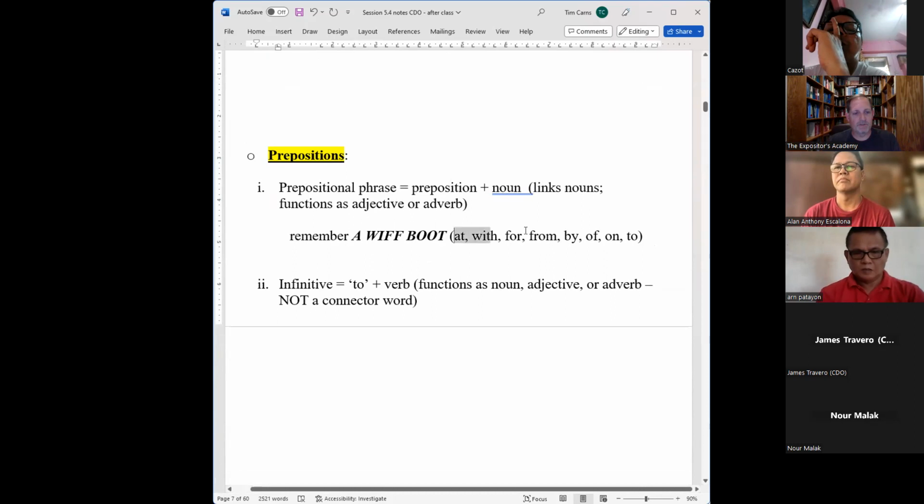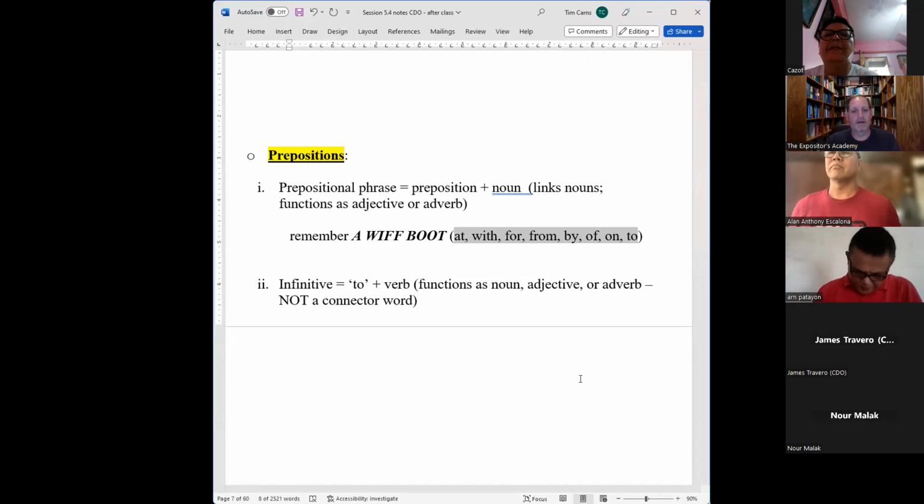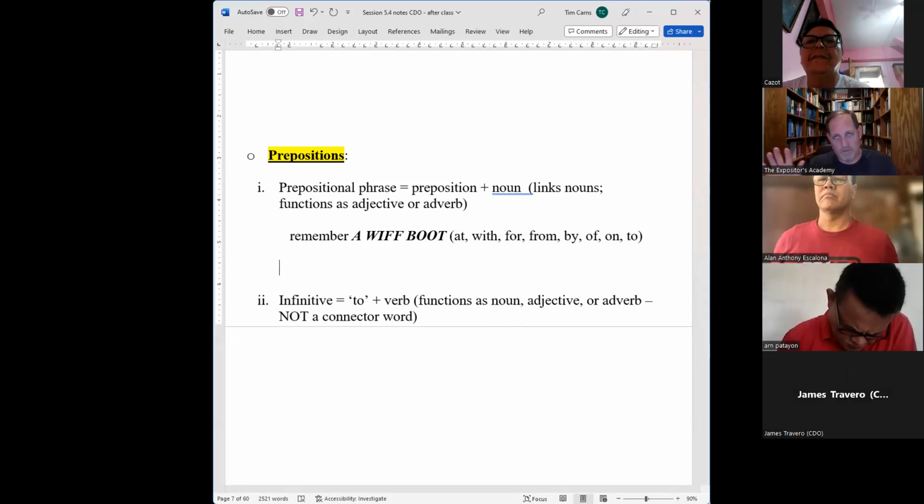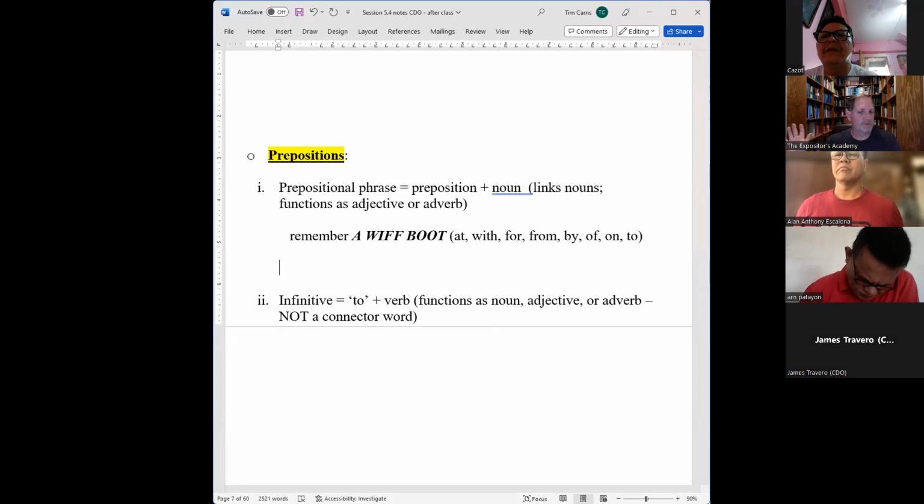Okay, and by far the nine most common prepositions are these: at, with, for, from, by, of, on, and to. If you'll remember, there's over 150 prepositions in English, but these nine are the most common. You've got a list of almost all prepositions in English in that appendix as well. Okay, so you can refer to that if you want.